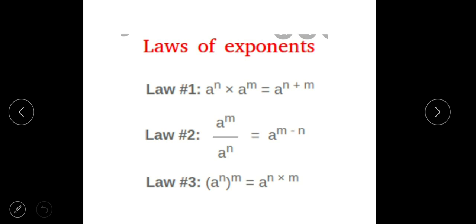That is power of power. a raised to n is already a power, and its mth power is taken. So we find a raised to n into m. Look at these three laws. Now we explain each one with examples.